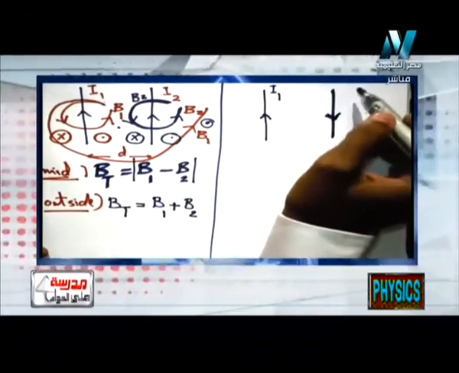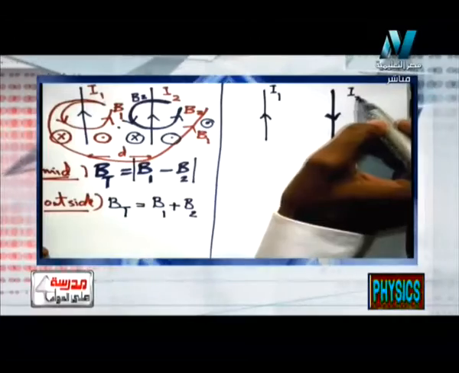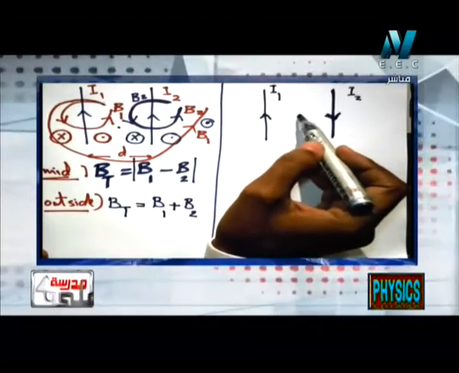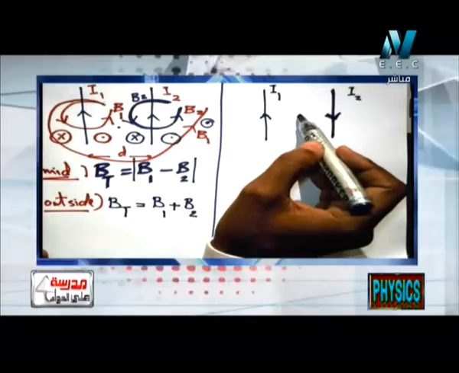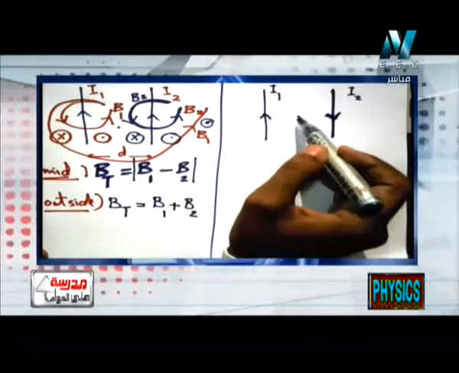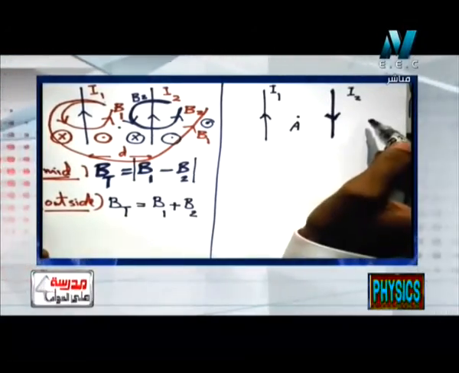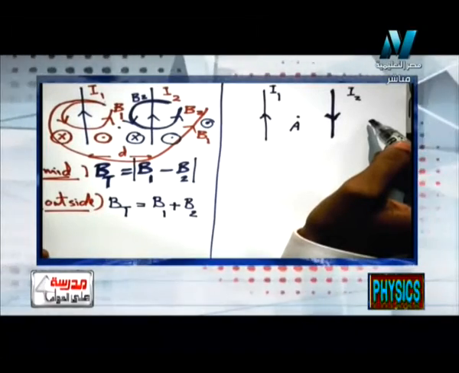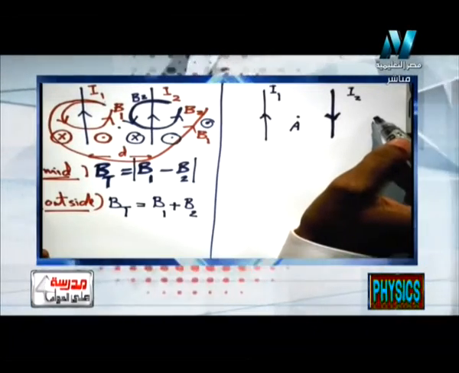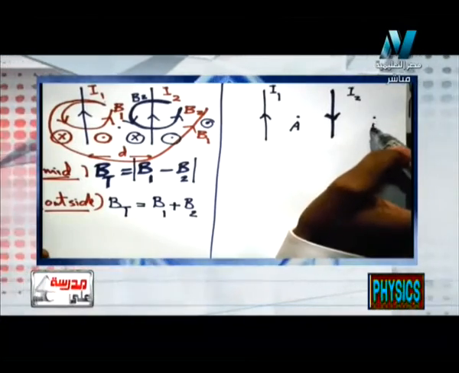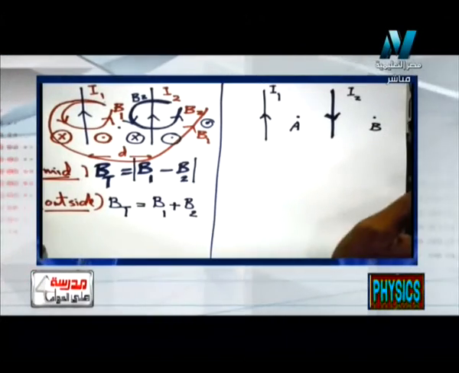The second wire carries I2. And we want a rule to determine the total magnetic flux density at a point between them. This point here is called A. And of course, we have to determine a rule to calculate the magnetic flux density at a point outside them. It is called B.